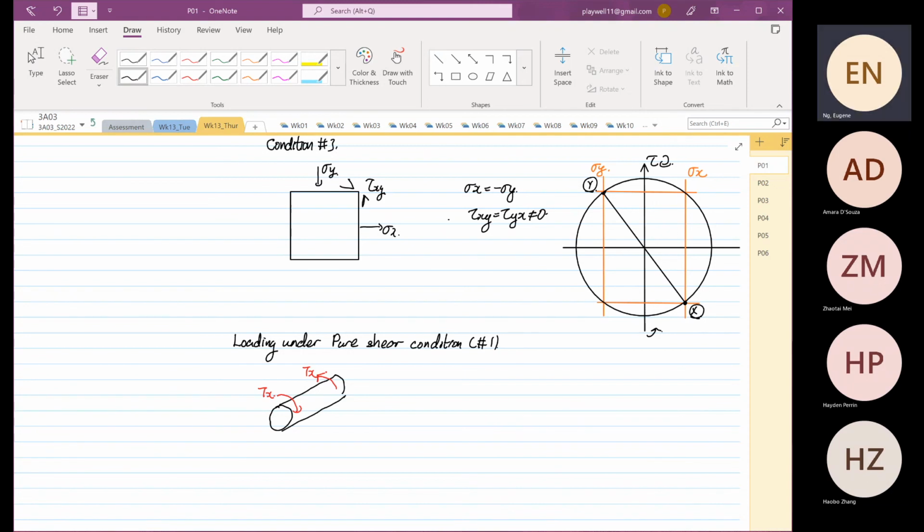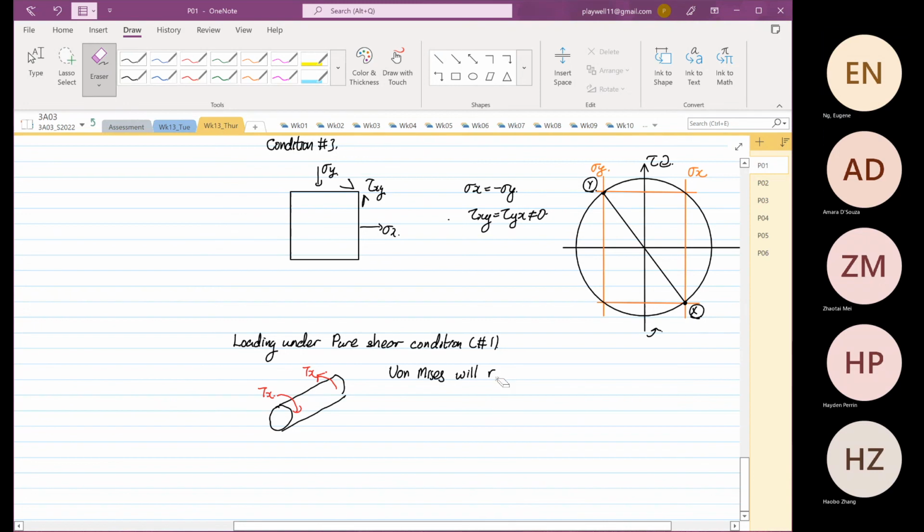When we use von Mises, von Mises will recommend, or will calculate, a larger applied torque when compared to Tresca.